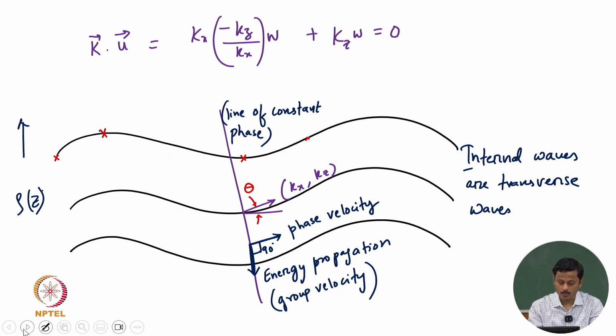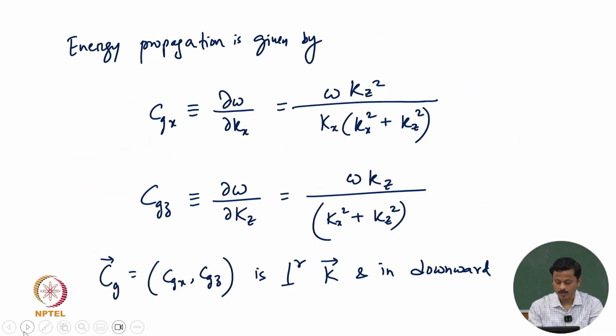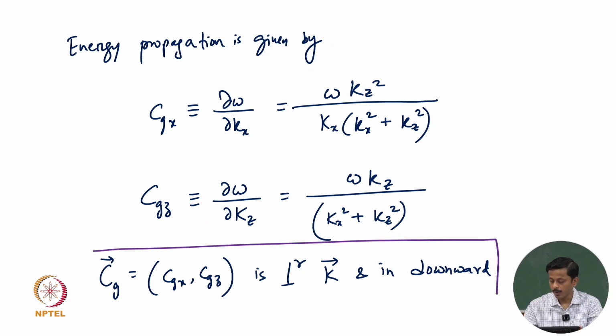The group velocity is downward. It's perpendicular to the wave number direction and it's downward. We skip the proof here. You can do a dot product of the wave number vector with the group velocity and see that for yourself, but this is something that we must be aware of.